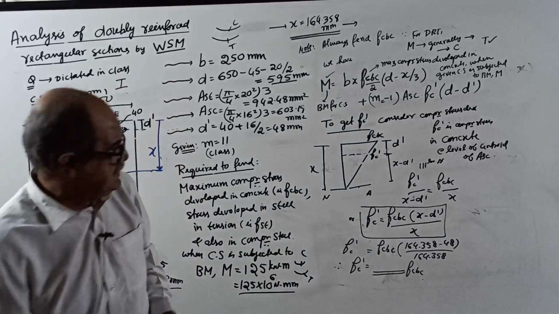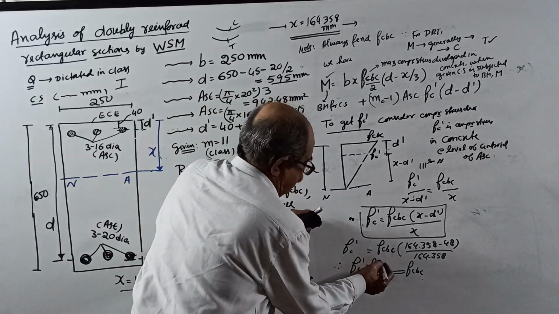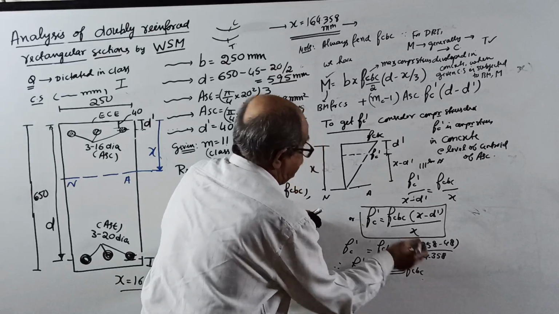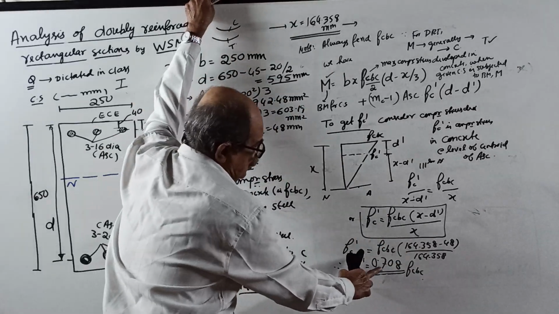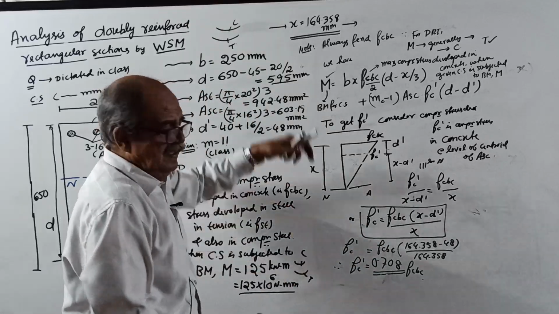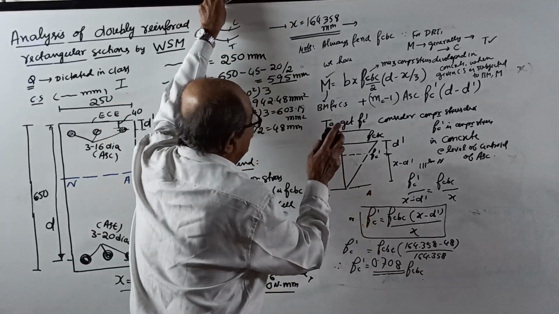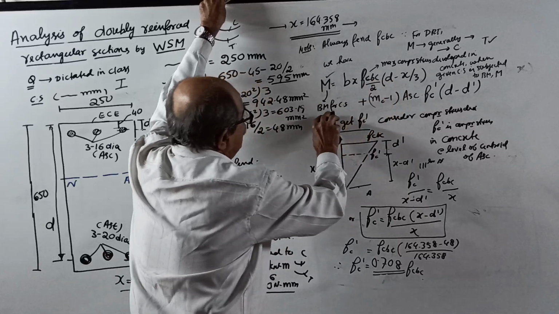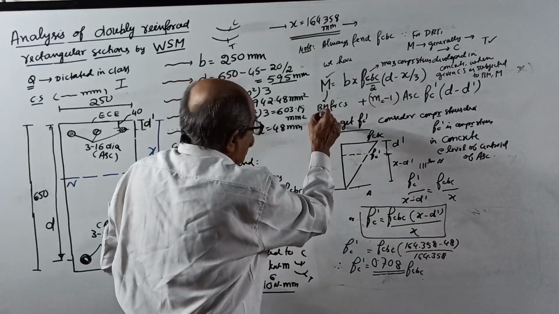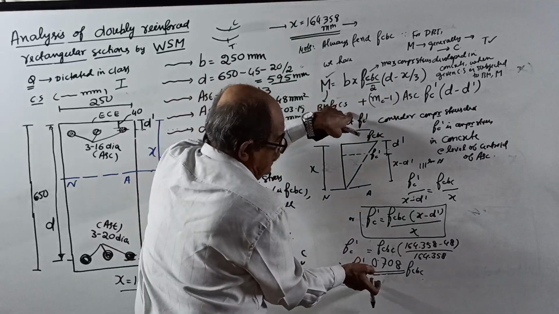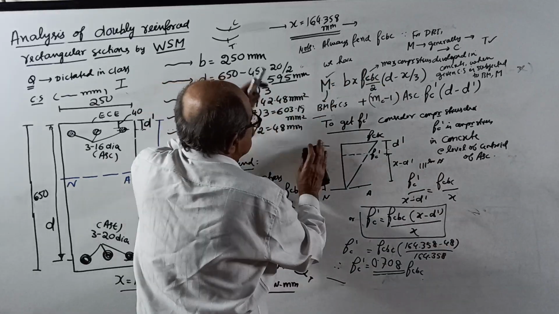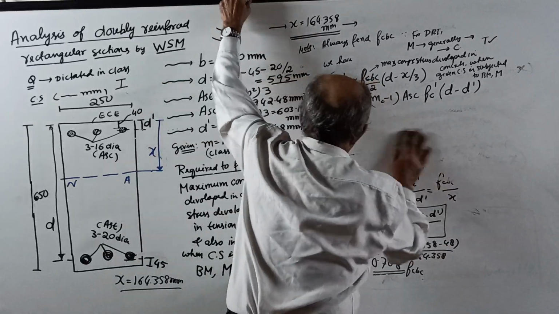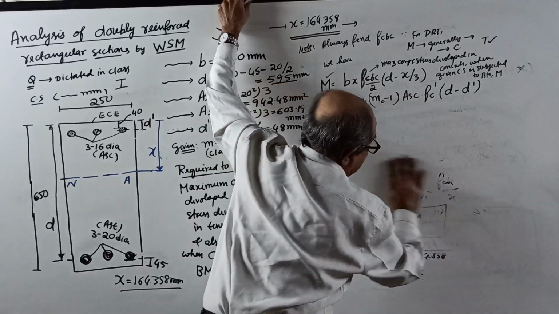So remember, FC dash equals 0.708 FCBC. Now I will do one thing. Because I want to substitute, I will remove this bottom portion. So this much you have to write, then continue once again, because today I am writing in front of you only.